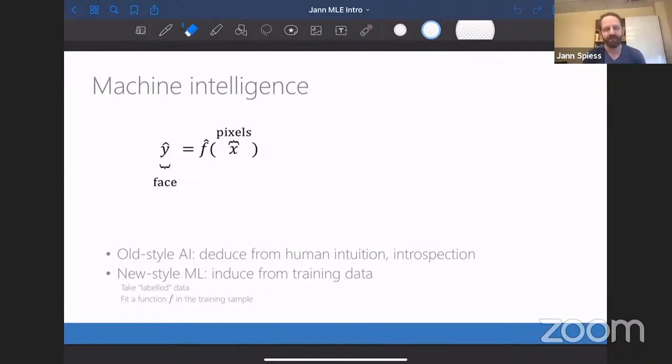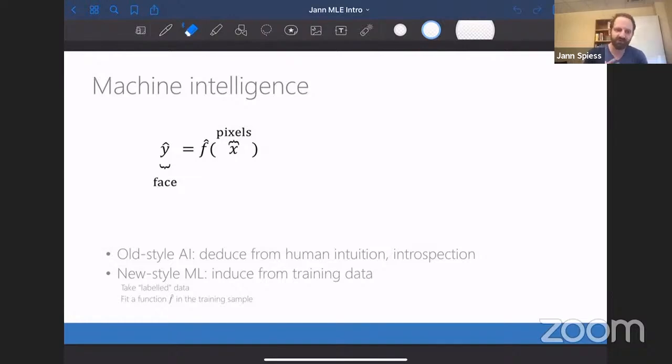that I would have thought were amazing feats of the future when I thought about it a few years back. The interesting insight here is that when I first took a machine learning class, I expected it to be about AI and how we can program a computer and explain to a computer how to be intelligent. That is very much old school AI, where you explain to the computer how to deduce, from human intuition and introspection, how to solve a problem, for example whether a certain pixel map is a face or not a face.